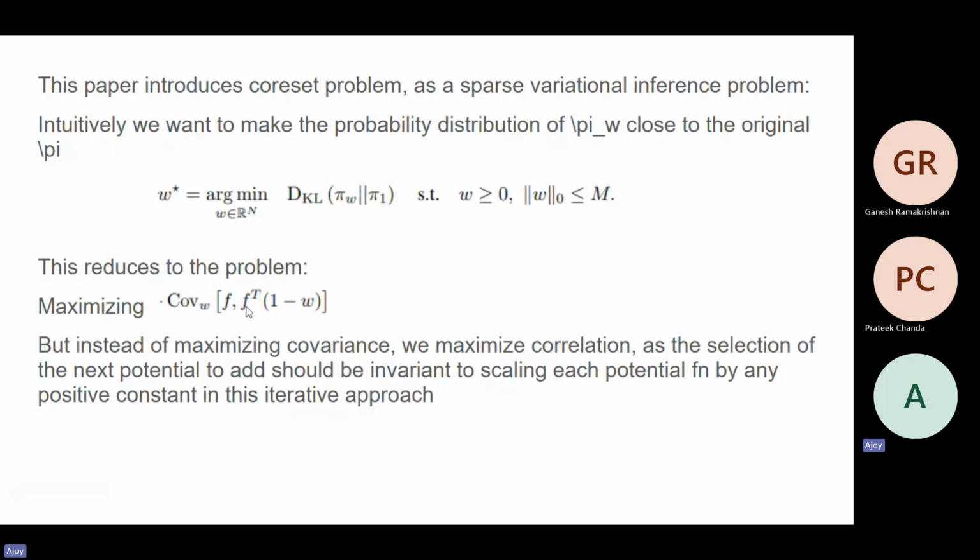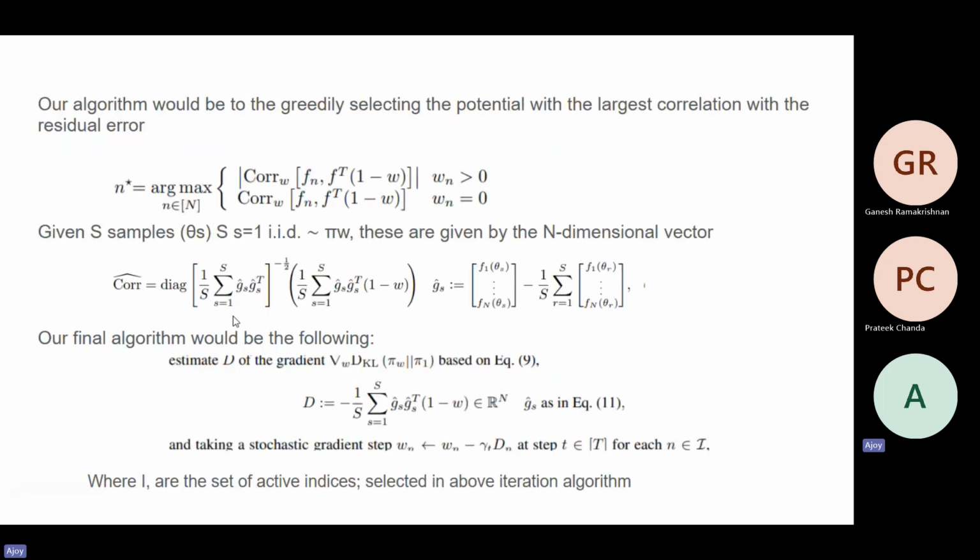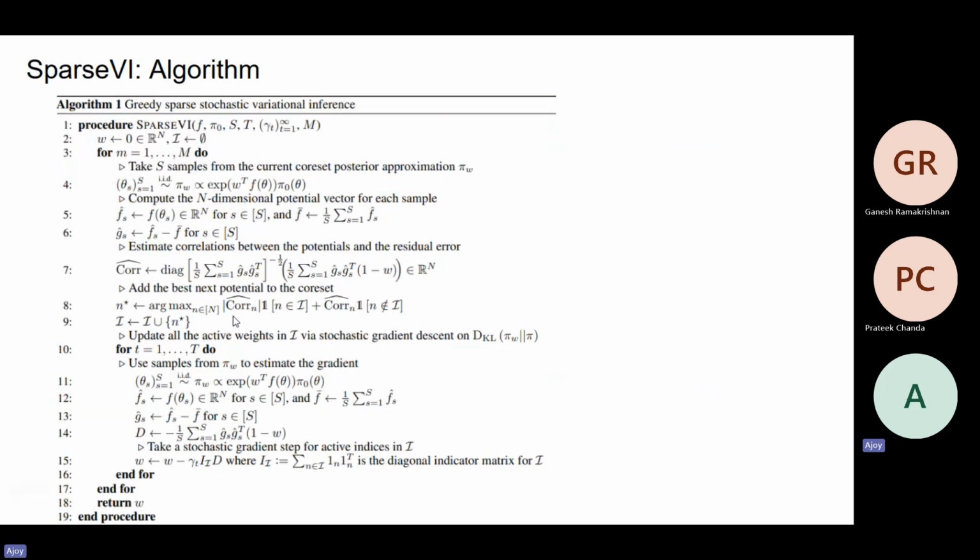So we are choosing the point which has maximum correlation with the residual error of the distance between data points. Now I'll directly present the algorithm.